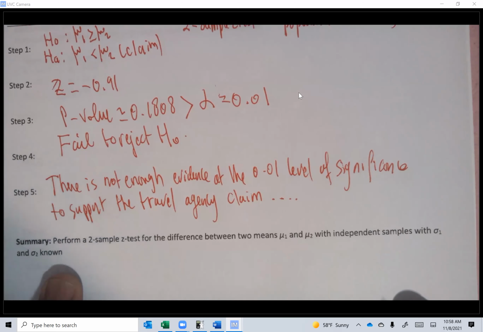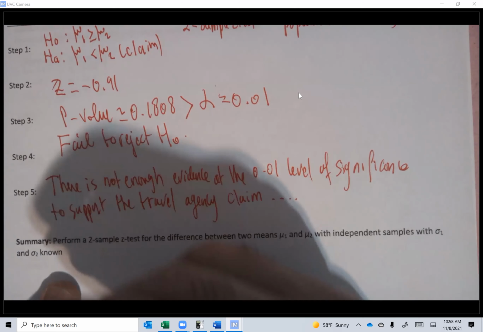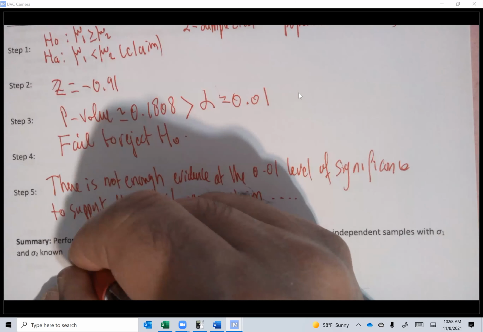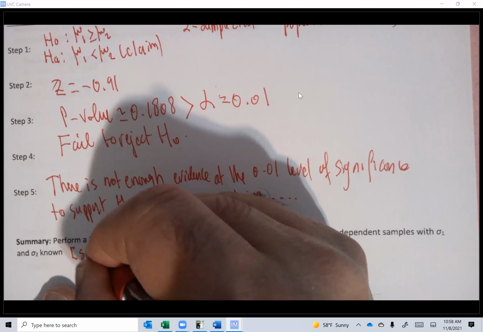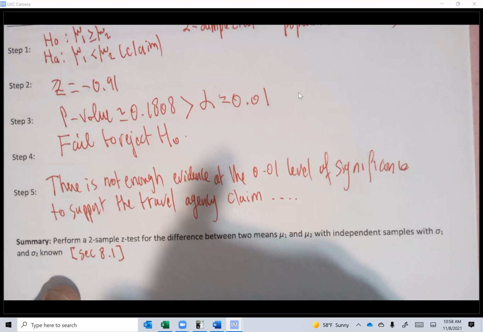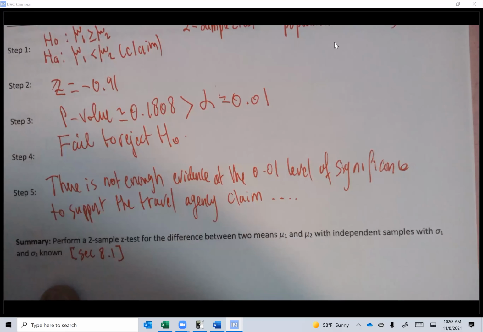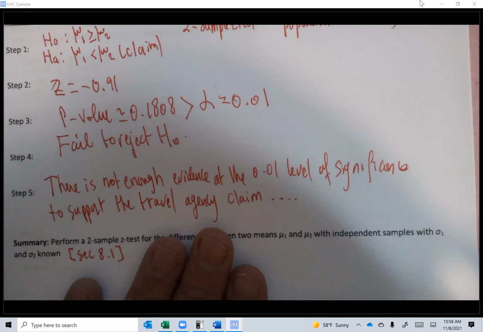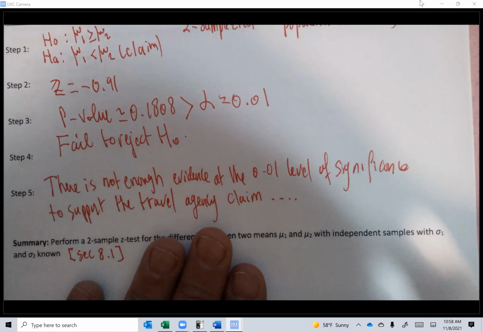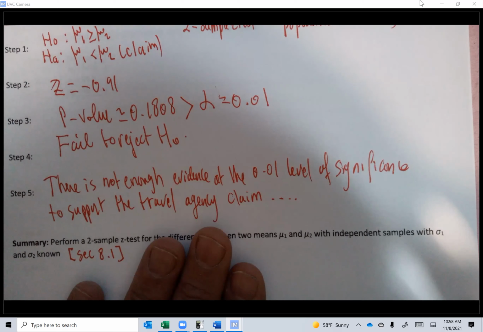That is section 8.1. I'm just going to do one more question to reinforce those two that we did, guys. And can you guess what it is going to be for the next section when sigma 1 and sigma 2 are not known? It's going to be called two-sample what?